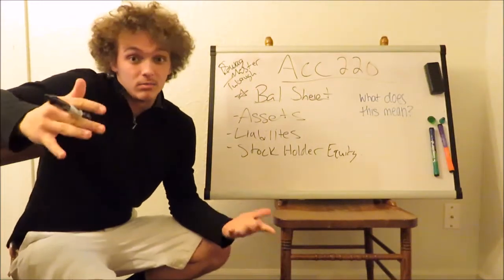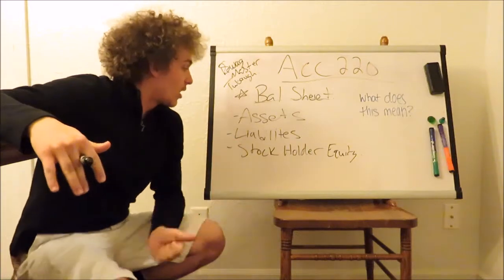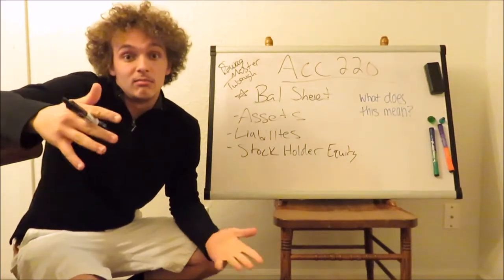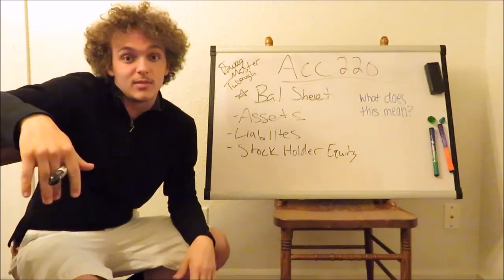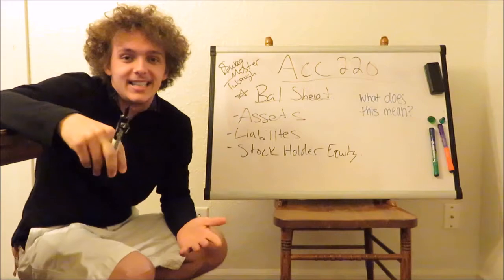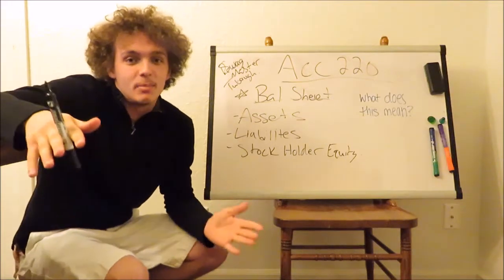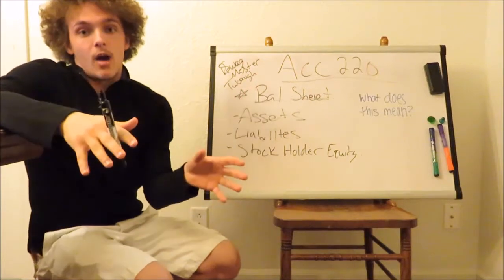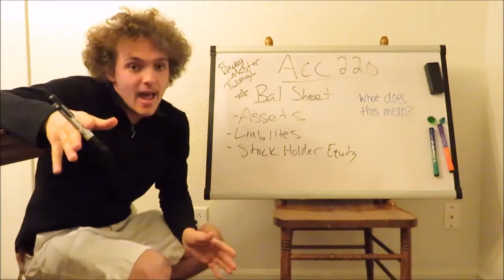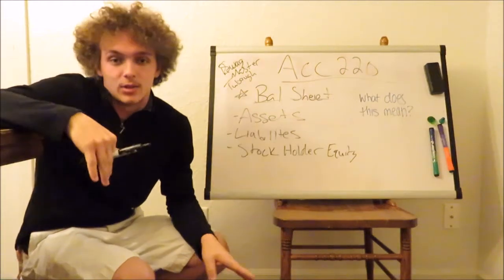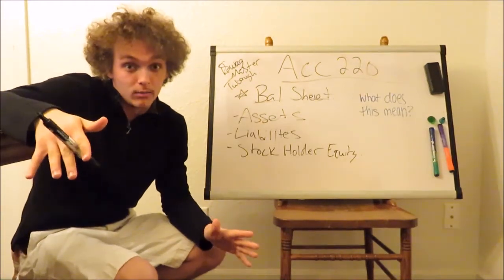And your stockholder equity, which is your common stock, and that's your stockholder equity and your liabilities added together. They add up to your assets, okay? So they should equal out in the balance sheet. And if that doesn't happen, we've got a big problem, and we've got to go back through and figure out what we did wrong.